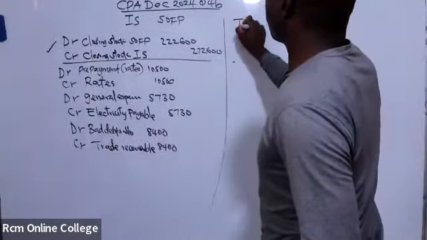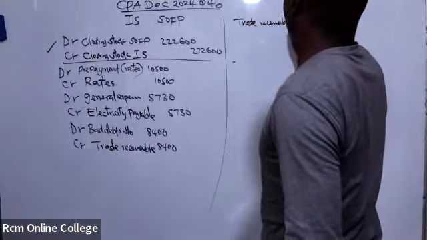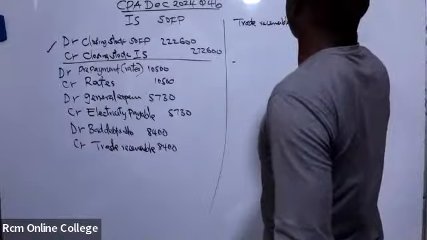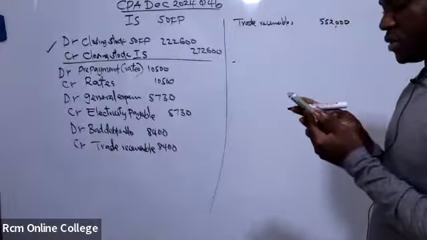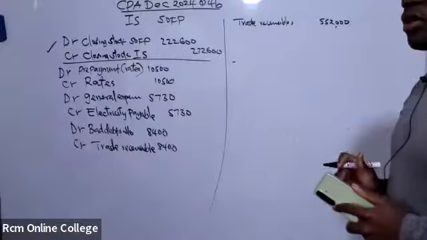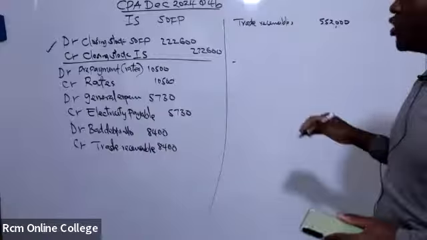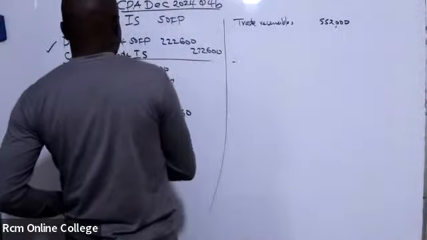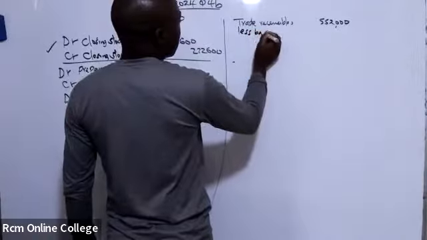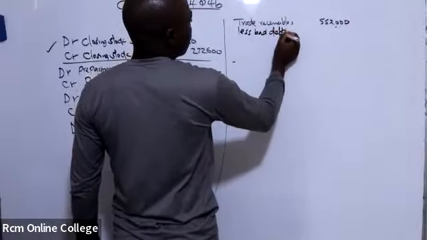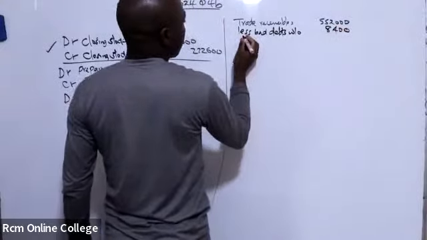So, trade receivables balance is 552,000. Now, something happened to this 552,000. We need to less bad debts written off of 8,400.